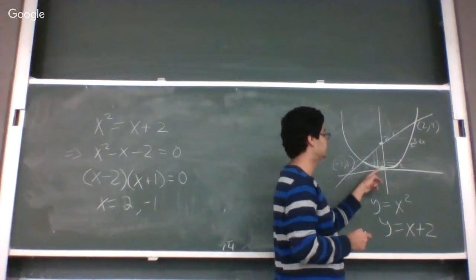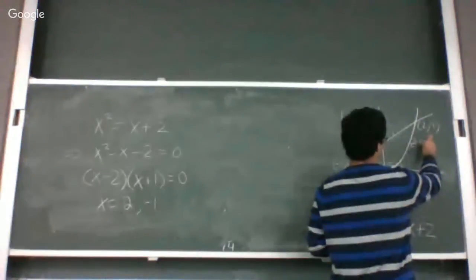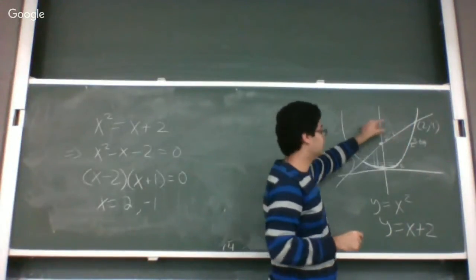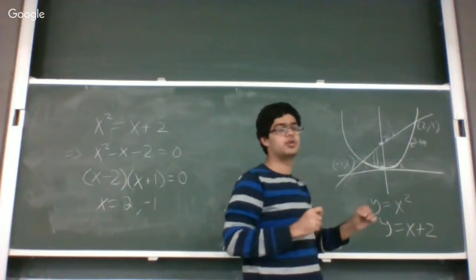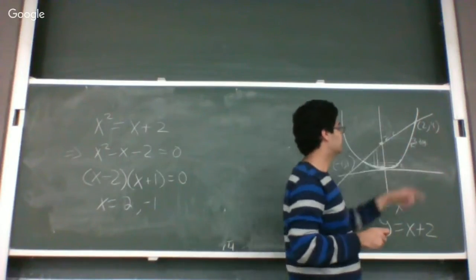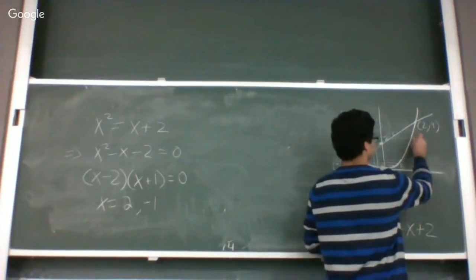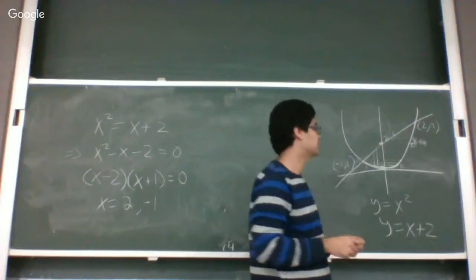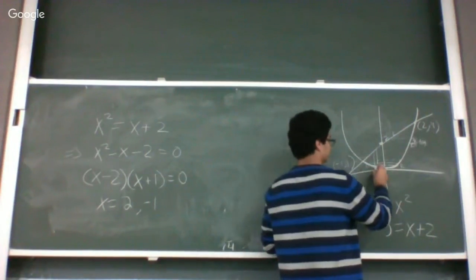A horizontal strip is a dy because it's a change in the y-axis. When you do them vertically, that's a dx.